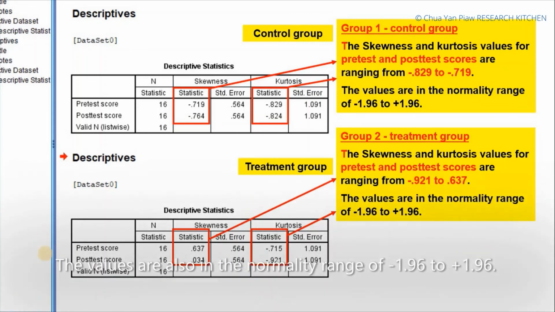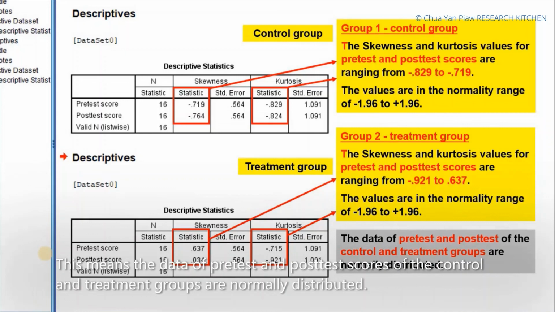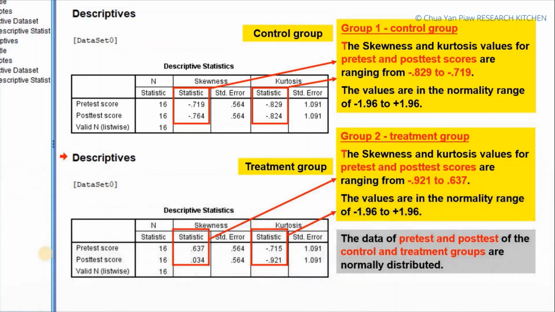The values are also in the normality range of negative 1.96 to positive 1.96. This means the data of pretest and posttest scores of the control and treatment groups are normally distributed. The data meet the normality assumption of the ANCOVA test.